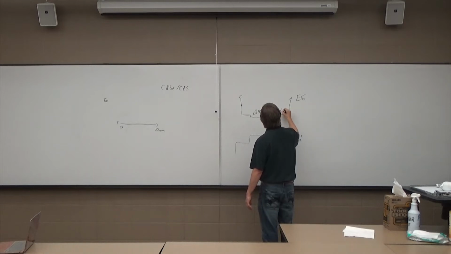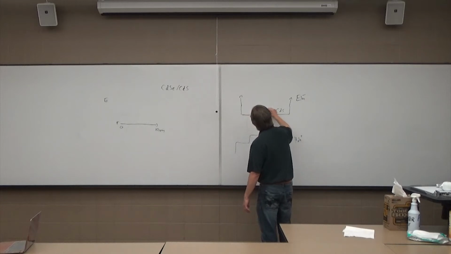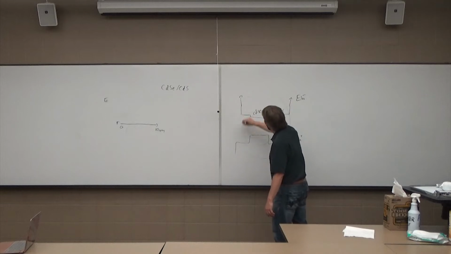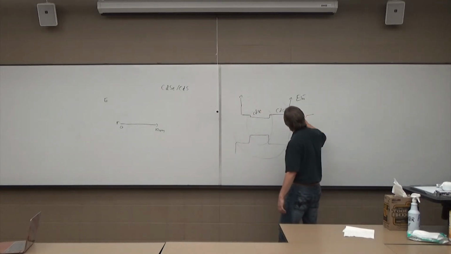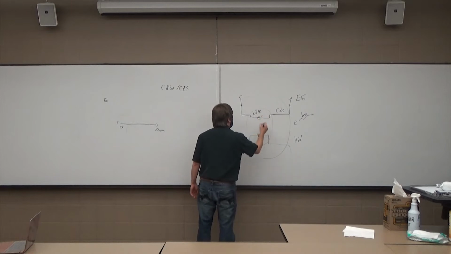What you're seeing here is the core, and here's the shell, and these are the potentials. When you shine light on it, you're going to get a hole here and an electron here.